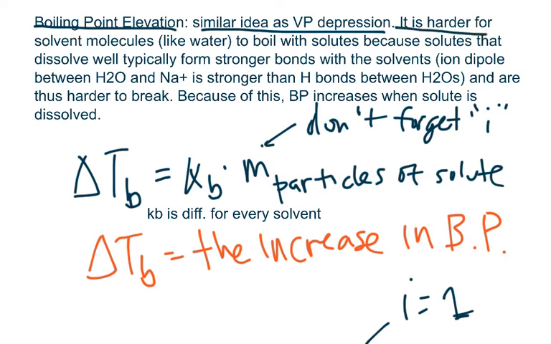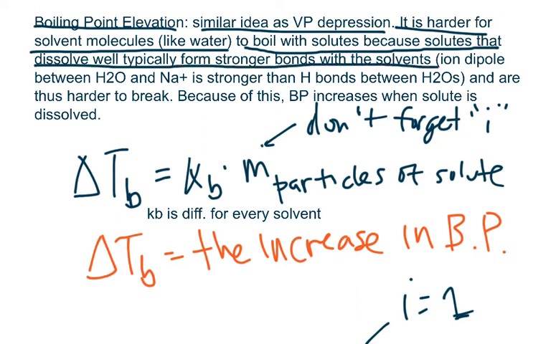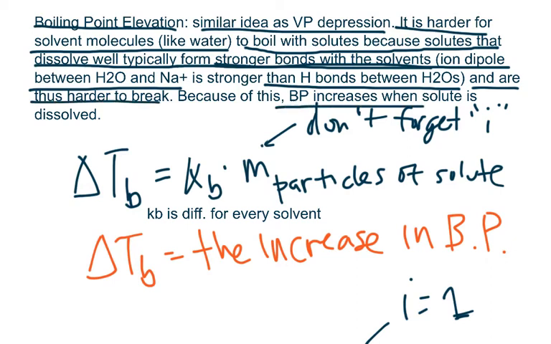So it is harder for solvent molecules like water to boil with solutes because solutes that dissolve well typically form stronger bonds with the solvents, via ion dipoles between water and Na+, and this is of course stronger than the H bonds between water. And since they form stronger bonds with the solvents, then they are thus harder to break. Because of this, the boiling point increases when solutes are dissolved.